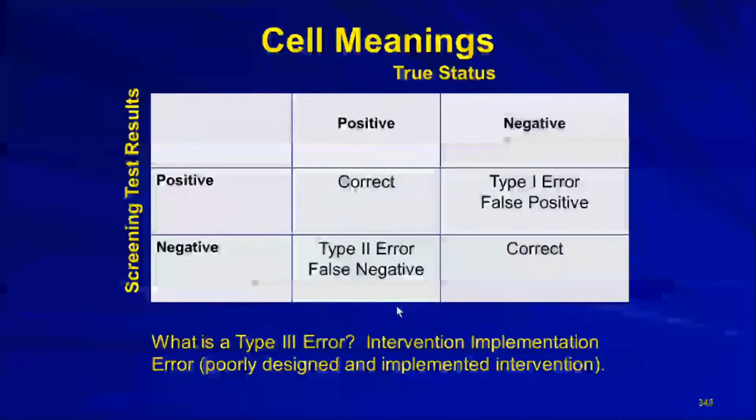That's a type 3 error. And unfortunately, we see a lot of type 3 errors that occur in the research literature. And often they're hard to detect because people don't tell about their interventions. But if you've had exposure to interventions and trying to help people, you have witnessed practices that are not best practices at all.